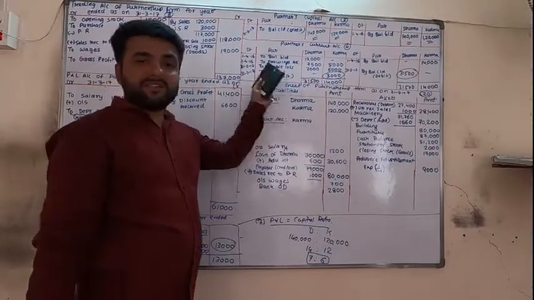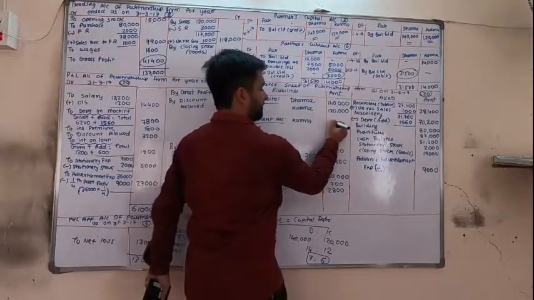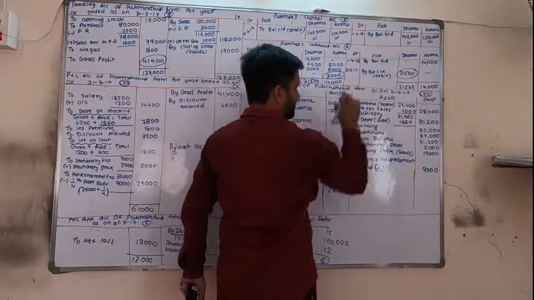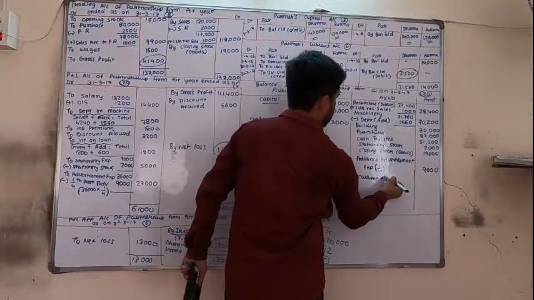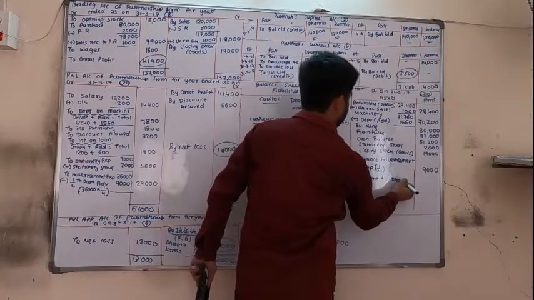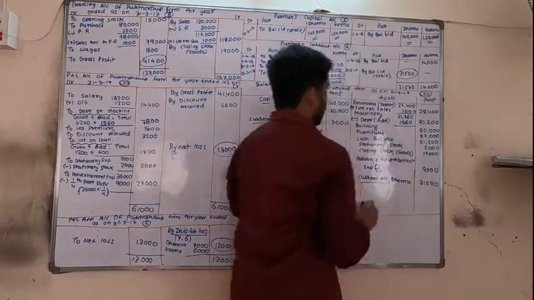See, debit side balance means credit balance on liability, Karma 3,000. And credit side balance means debit balance, so it is on asset side. Current account Dharma, and how much? 31,500.